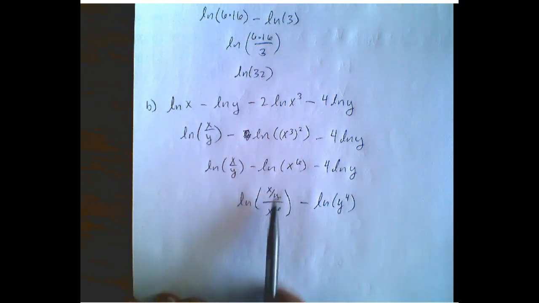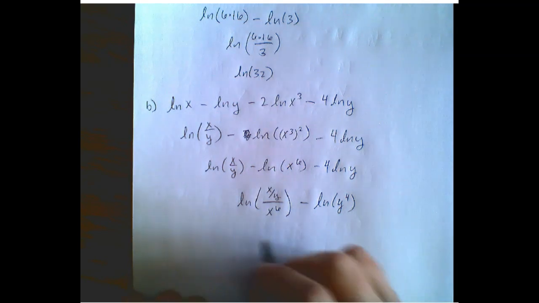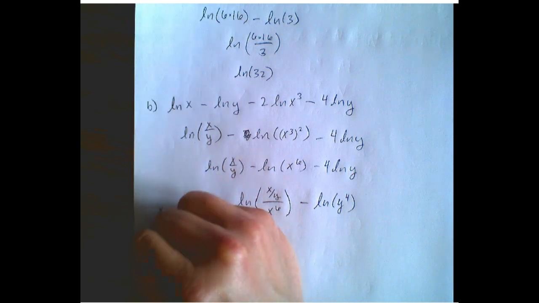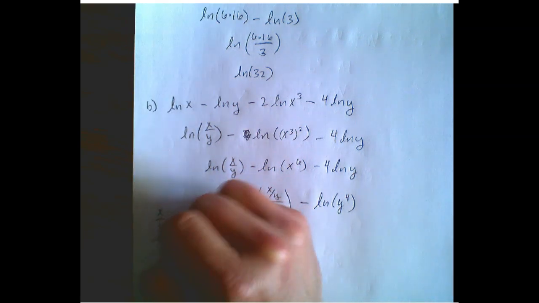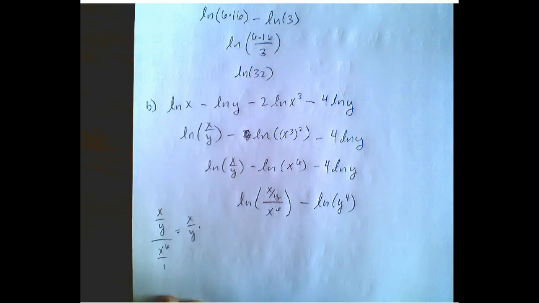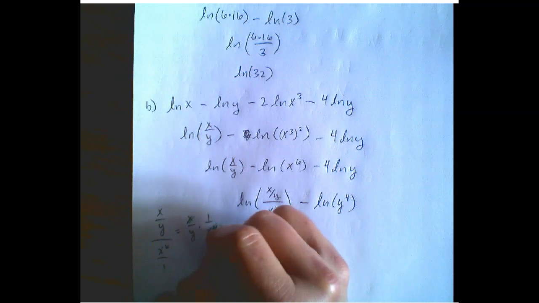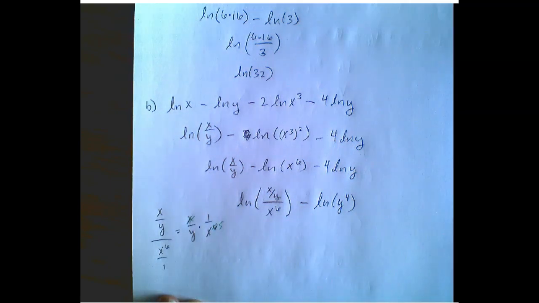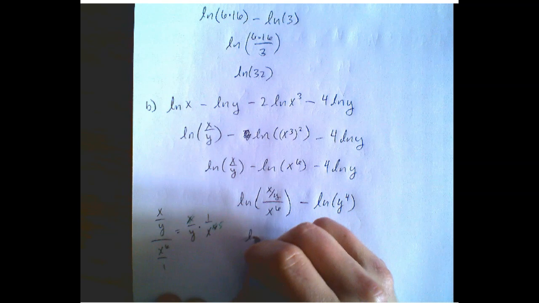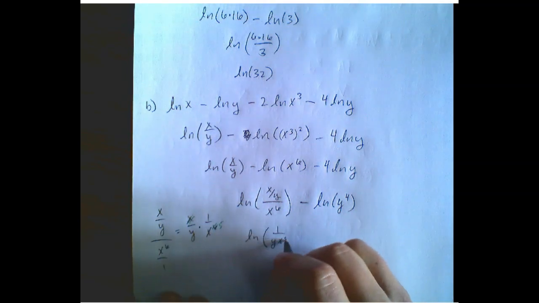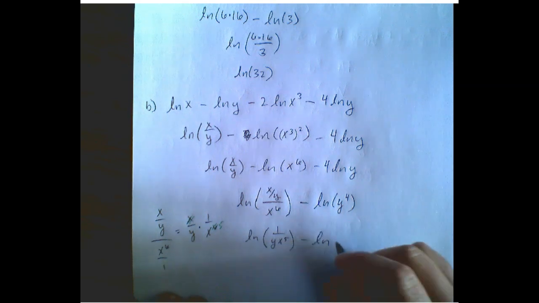Now let's see how we can simplify this. So notice x over y divided by x to the 6th is equal to x over y times 1 over x to the 6th. So one x cancels here, gives us a 5. This is the natural log of 1 over y x to the 5th minus the natural log of y to the 4th.